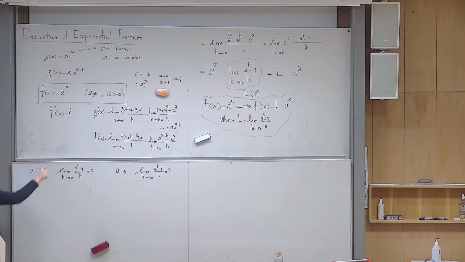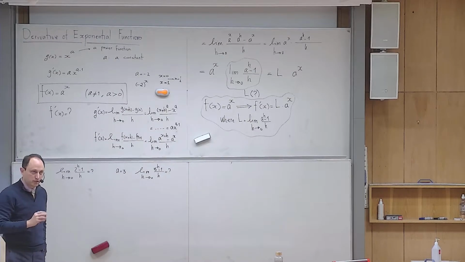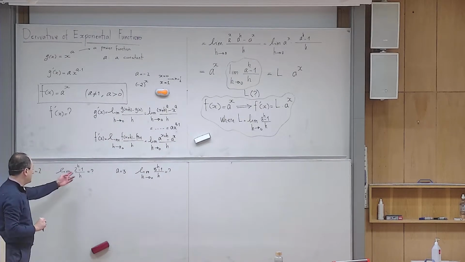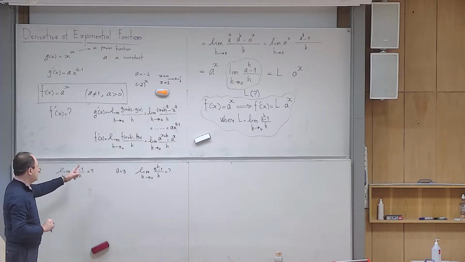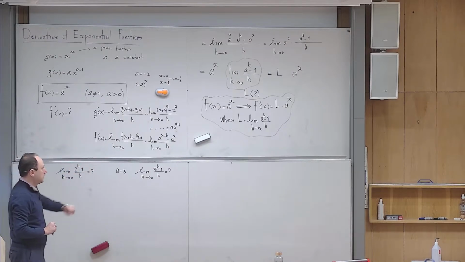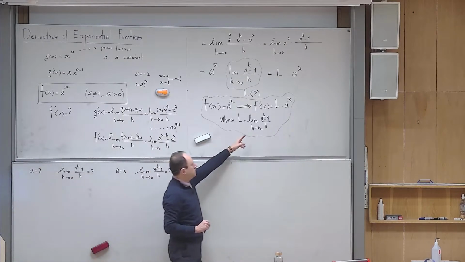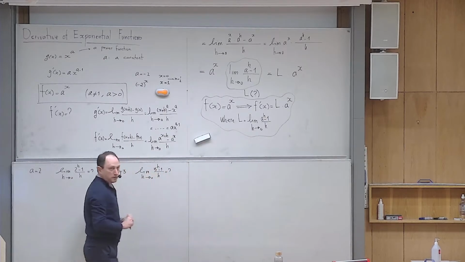So the point is that I want to calculate that limit for any positive number not equal to 1, okay? But then let us say, okay, that problem is a hard problem. Let us understand the problem by calculating 2 specific values for a, choosing 2 specific values. First, I replace that a with 2, this becomes this limit. I replace that a in this limit with 3, this becomes, okay.